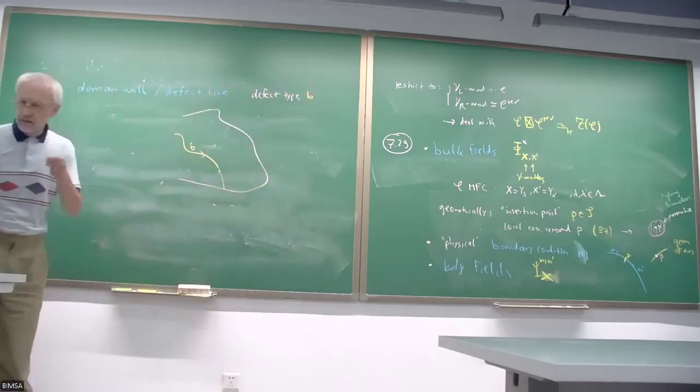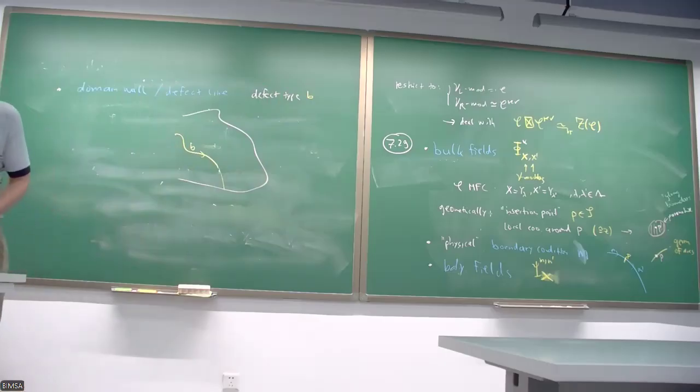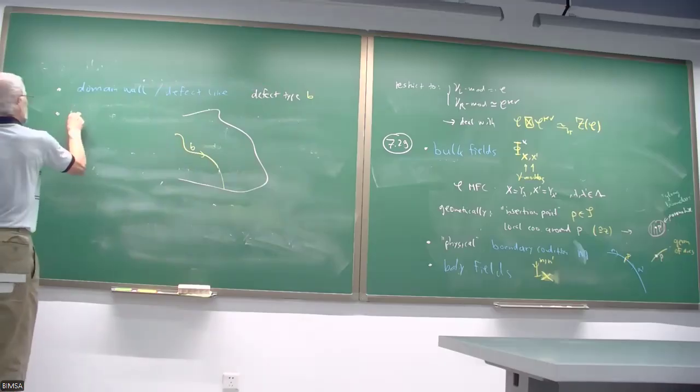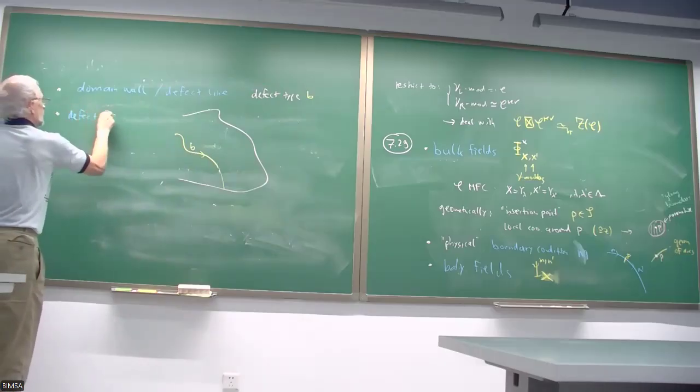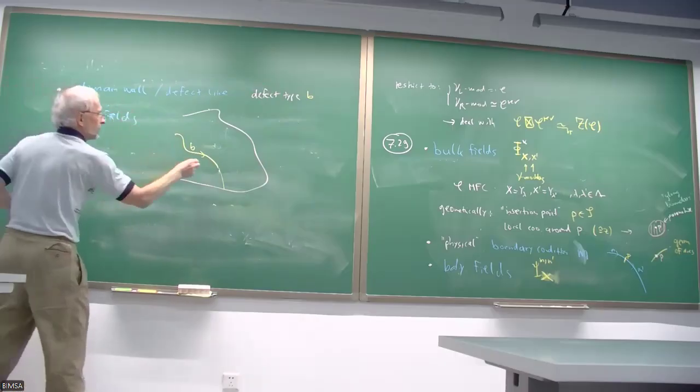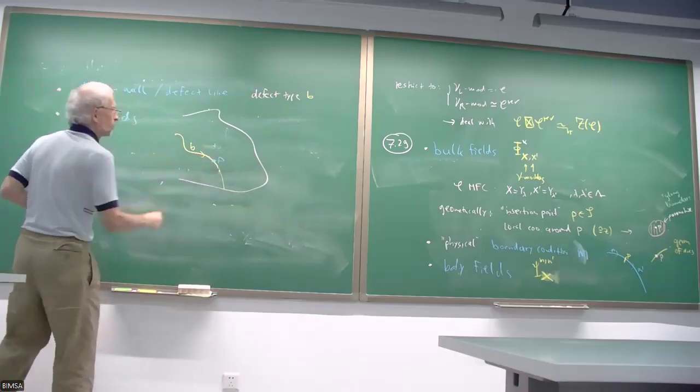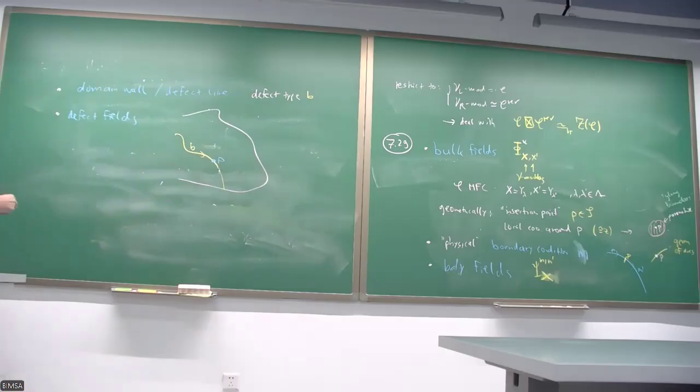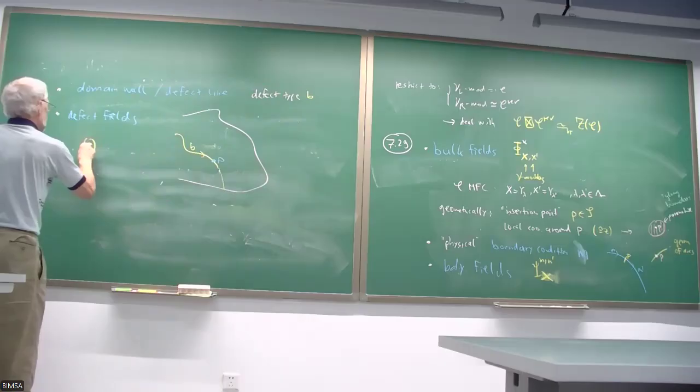And then I can also have defect fields, namely insertions at some point P on such a defect line, and those I will denote by capital theta.